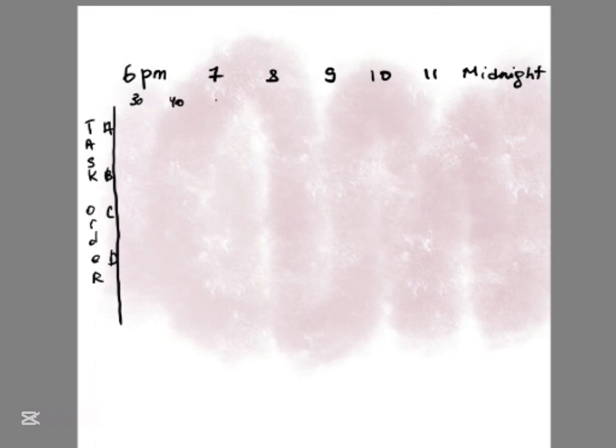To answer the question, let's put everything in a table and see what happens if we do every person's laundry one after another. So here we have time from 6 p.m. till midnight and task order. First, person A takes their laundry and it goes through washing, drying, and then folding, and it takes an hour and a half to do that.